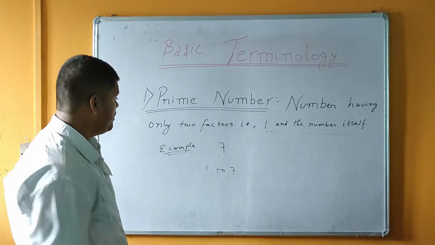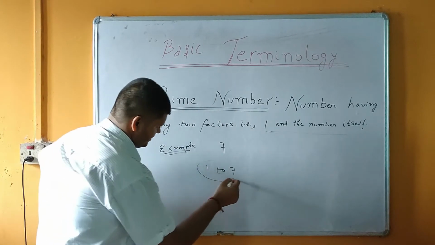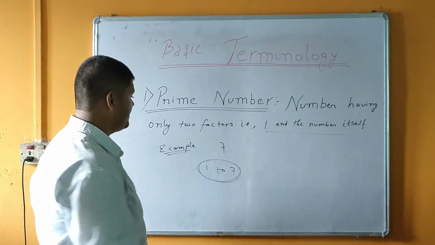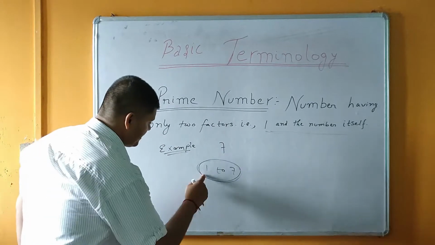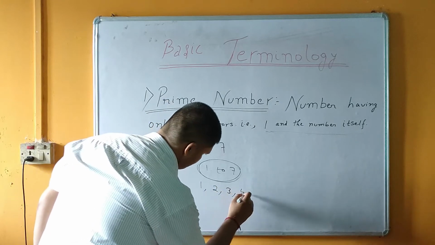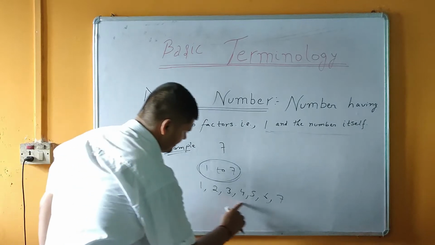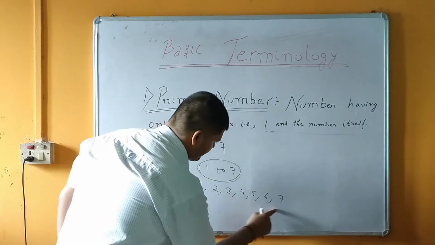You have to see within this range, 1 to 7, whether 7 occurs or not. So the range is 1, 2, 3, 4, 5, 6, 7. I have extended 1 to 7 in this way.